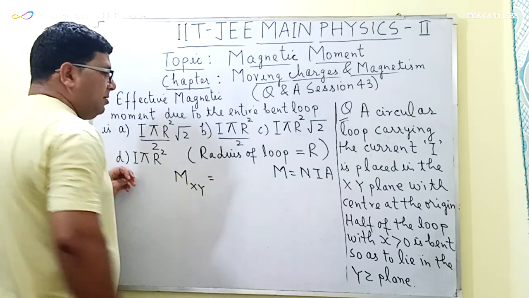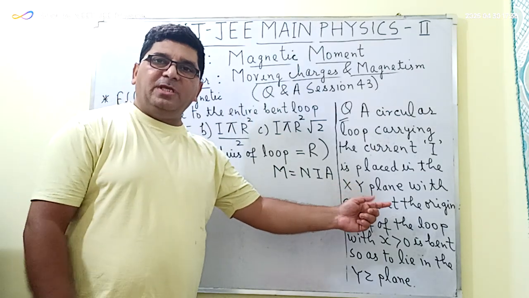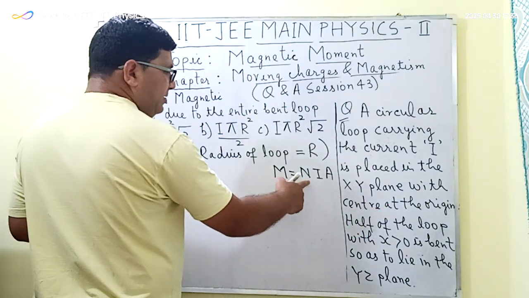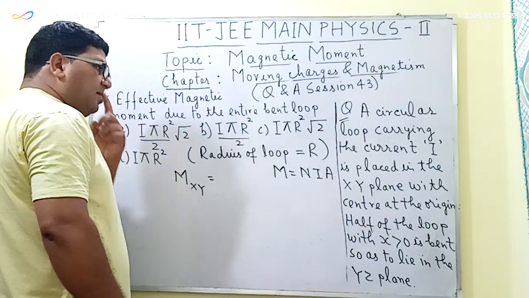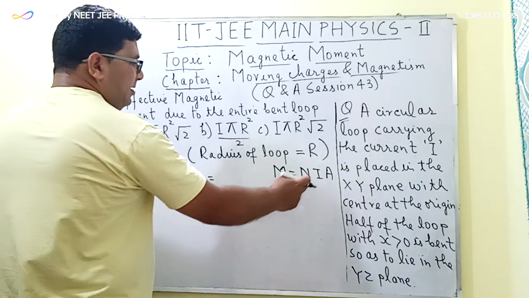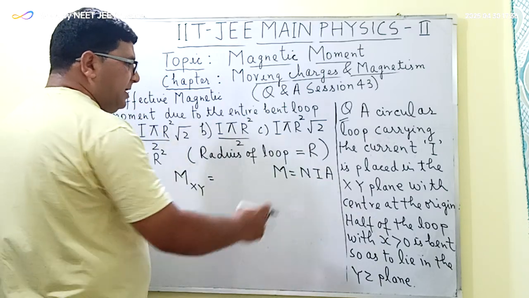Now the magnetic moment due to the half of the loop which is lying in the xy plane will be equal to NIA, that is, N is equal to 1, the number of turns in the loop, and I is the current which is flowing in the loop, and A is the area of cross section.